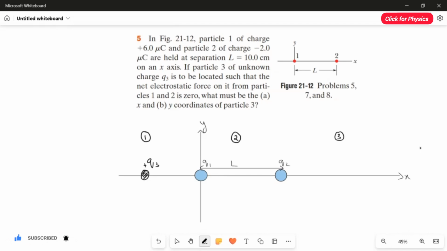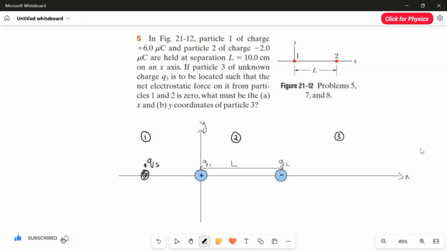The positive charge gets repelled by this positive charge, because Q1 is positive here and Q2 is negative. We took the positive unknown charge. I told you already, you can consider either positive or negative. Both will give the same answer. I will explain with positive, and later I will give the information about negative also, because both will give the same answer.